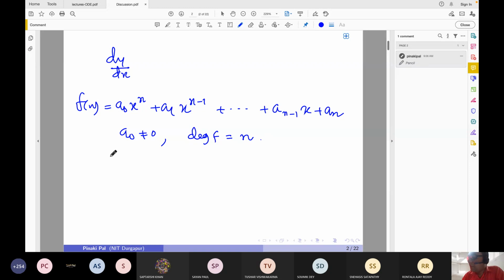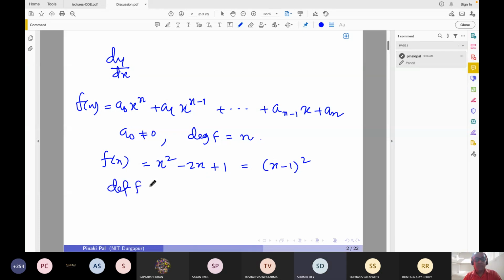Now, for example, if f(x) is equal to x square minus 2x plus 1, although it can be written as (x minus 1) whole square, degree of f is 2. Except rationalization of the powers of the derivatives, no other operation is allowed in the process.